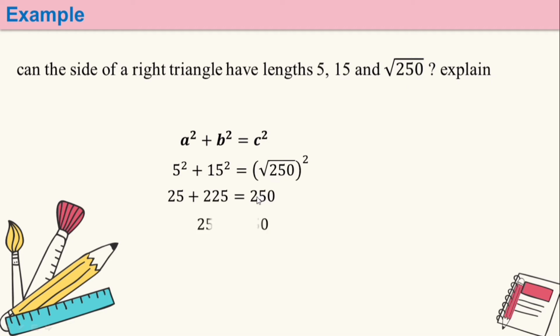So now let's add this side. 25 plus 225 is 250. Since 250 equals 250, yes, these are the lengths of a right triangle because a squared plus b squared equals c squared.